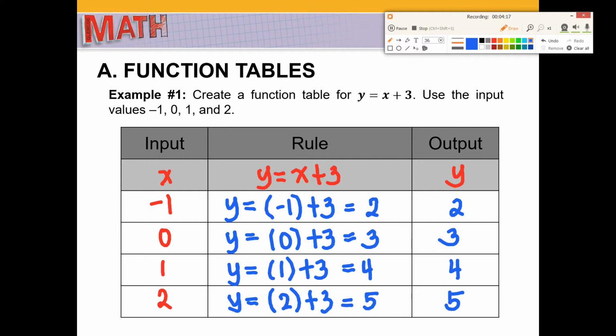So now I've finished creating a function table for y equal x plus 3. It's that easy. You just have to be careful when you substitute and when you simplify so you can get the correct output in your table.